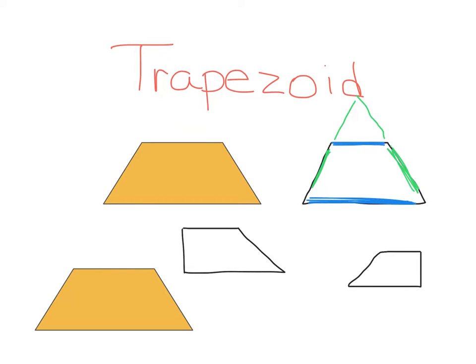But the blue sides that I traced over here are parallel, and so there's one set of parallel sides. It's a trapezoid. If we look at this one right here, this side is parallel to this side, only one set of parallel sides. It is a trapezoid.